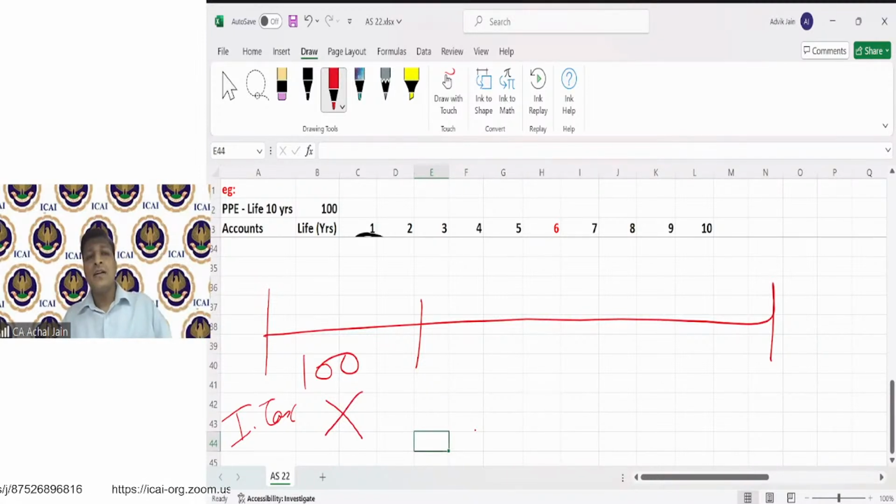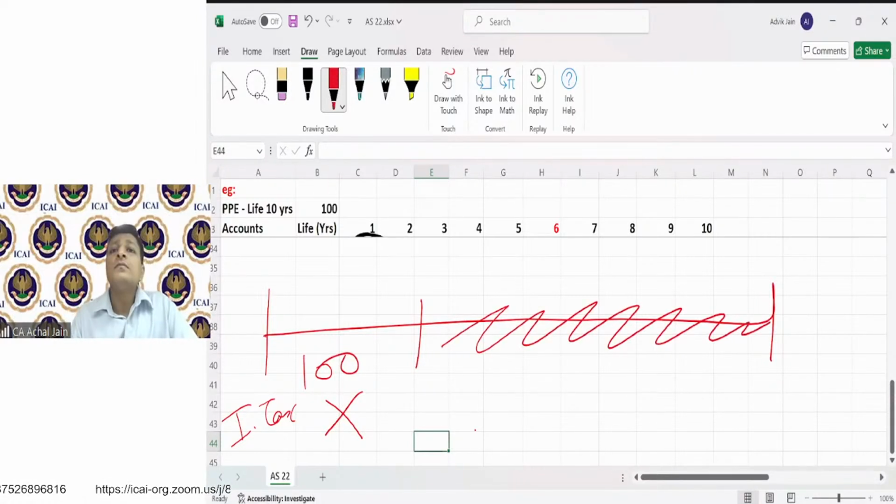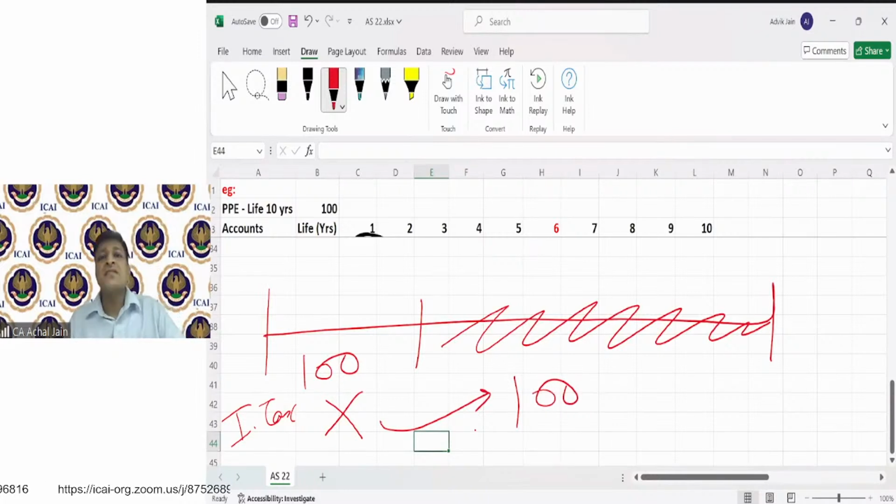In the current year, we will pay tax on this 100. But in future years, whenever the company pays this expense, income tax will allow this amount.